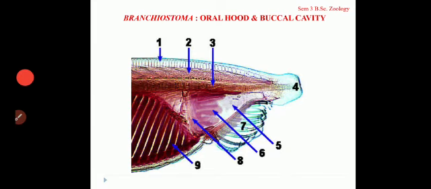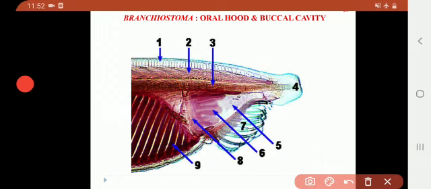Coming here, this is the actual figure. It is a stained organism mounted on a slide. You can see all the structures, isn't it? Here you can see these are the buccal cirri or oral cirri, not oral tentacles, it is the oral cirri. And this region marked as 5 is actually the mouth.